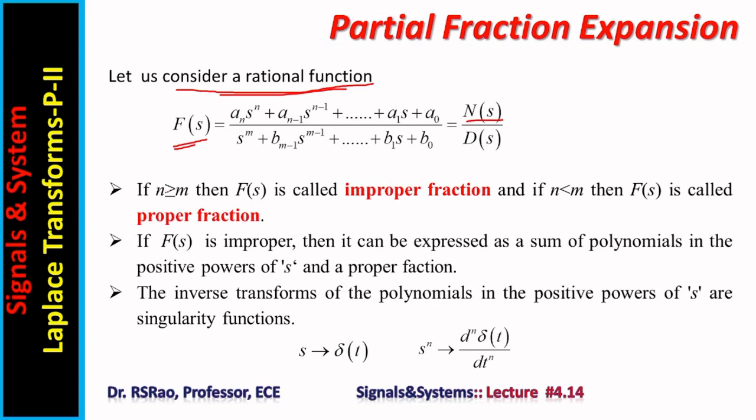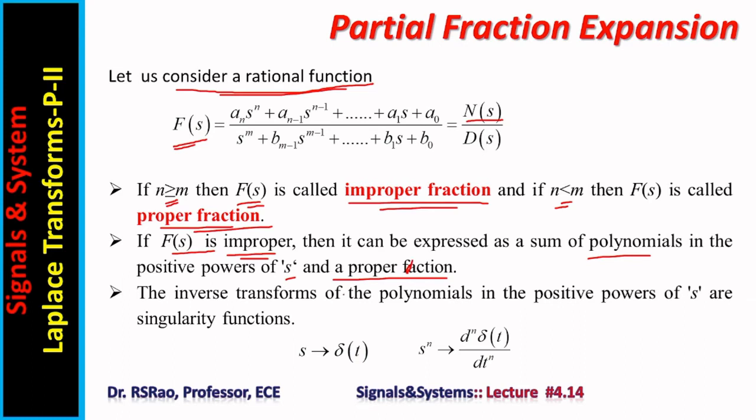When n is more than or equal to m, then the function F of s is called improper. If n is less than m, then it is called proper. If F of s is improper, then it can be expressed as a sum of polynomials in the positive powers of s and a proper fraction.